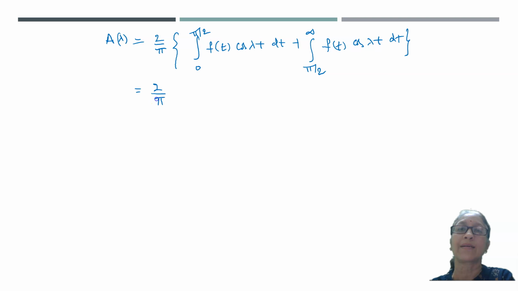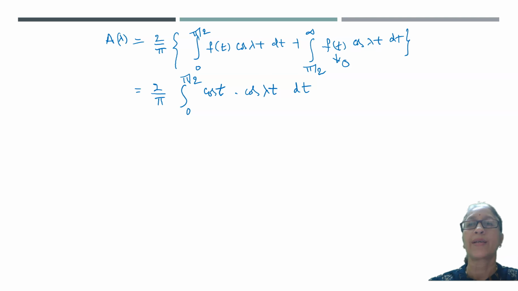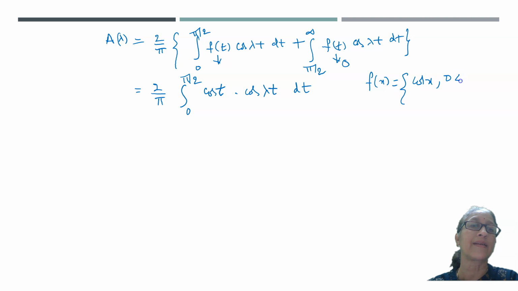So here A(lambda) equals 2 by pi times the integral from 0 to pi by 2 of f(t) cos(lambda t) dt plus the integral from pi by 2 to infinity of f(t) cos(lambda t) dt. Here, what is f(x)? f(x) equals cos x in the interval 0 to pi by 2 and 0 in the interval pi by 2 to infinity.